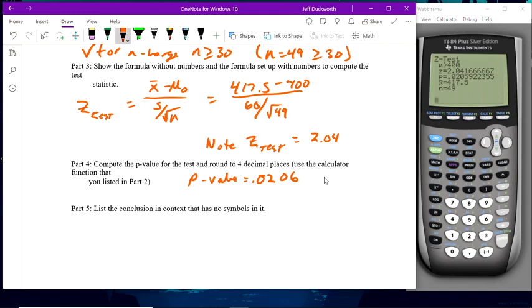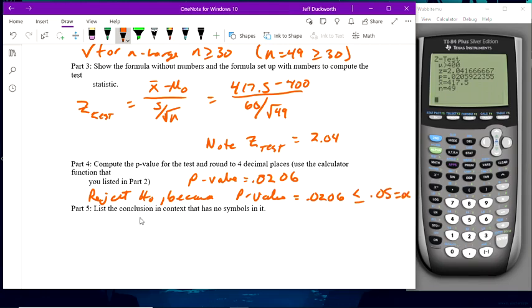All right, now list a conclusion. It mentions that something that doesn't have any symbols in it. I don't care about that so much. As long as you put it in context, you should be fine. We can do the symbols up here. So based on the p-value, we reject H0 because our p-value is 0.0206, which is less than or equal to 0.05, which is alpha.